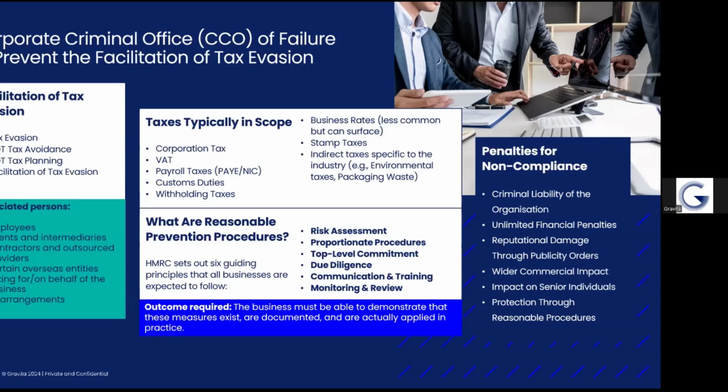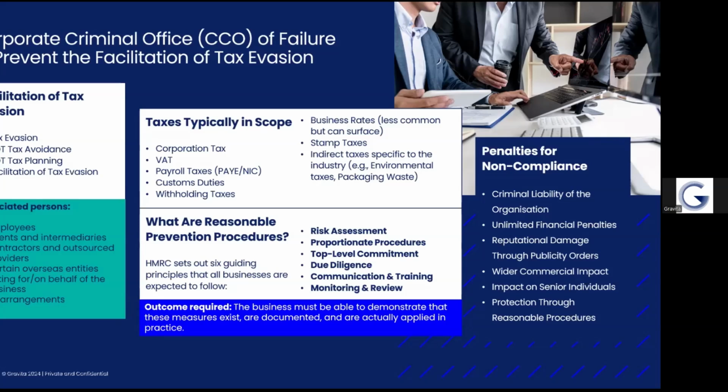Now, associated persons include your employees, your agents, your contractors, suppliers, customers, and if you've got a JV arrangement or an overseas group. So it's worth understanding that it does go quite far, and HMRC are essentially helping to protect the UK tax base. Now, this is a criminal charge.